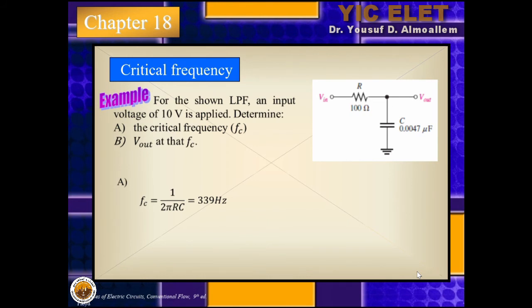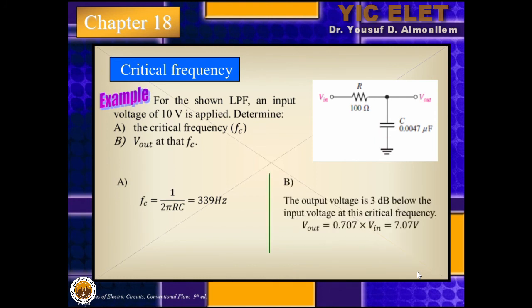The first is to analyze the circuit, find Z_C, apply the voltage divider, and then find V out, which is a lengthy way. The second way, which is much shorter, is to apply V out equal to 0.707 times V in at the critical frequency. V in is 10, so V out will be 7.07.